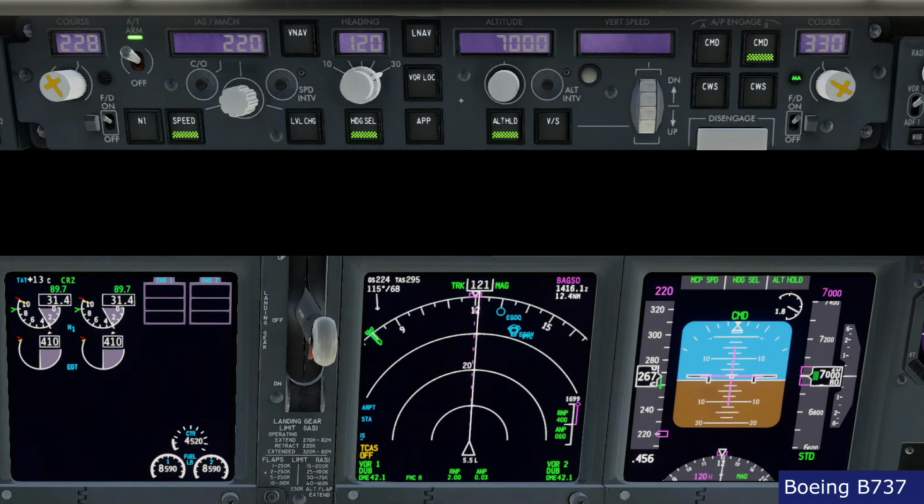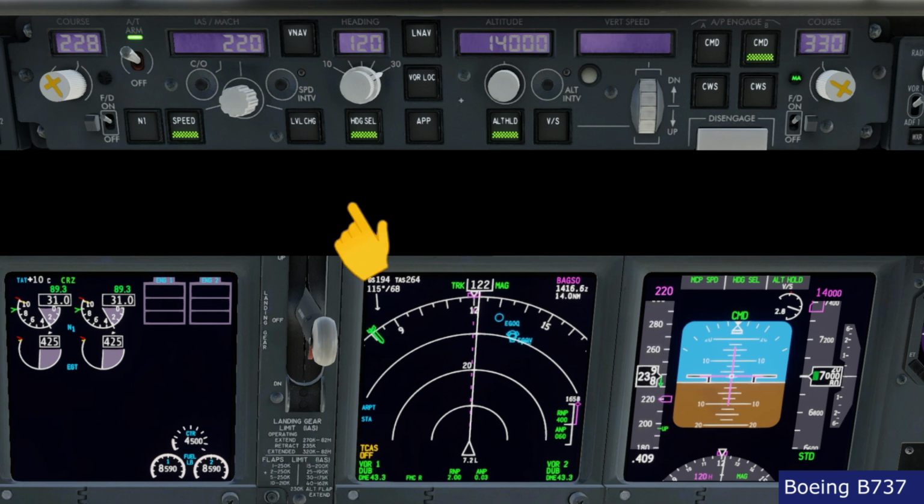The level change mode is a mode that we said will compare the selected altitude with the current altitudes and will climb at constant speed commanding to the auto throttle either the maximum or the minimum thrust. Now in this case I have selected level 140, which is higher than level 70.